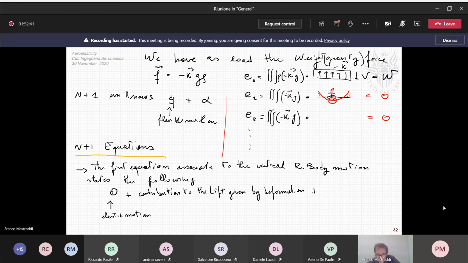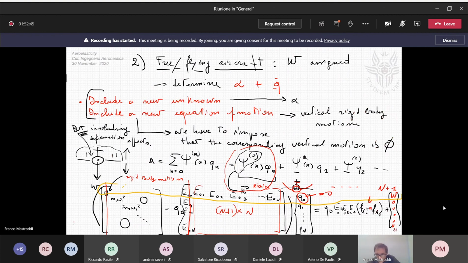Plus we have this third contribution. Let me complete this. We are analyzing this equation, the first equation. Okay, so this is the first contribution. The zero contribution is this here.